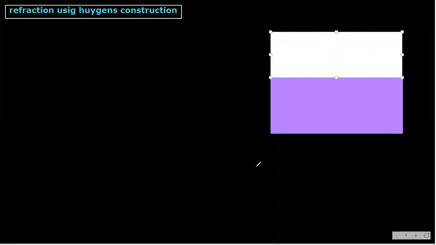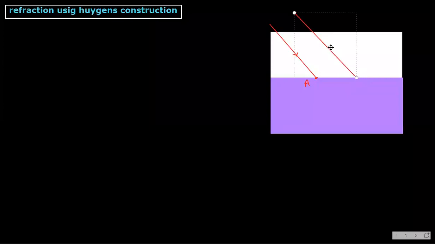Okay, now let us assume that the light ray or the wave is here like this, at this point. This point is A, and now this is another one.